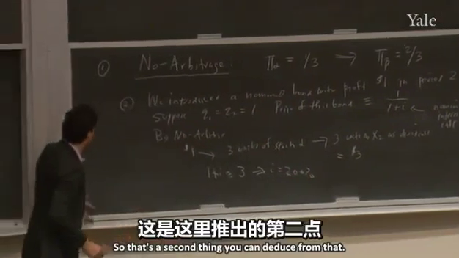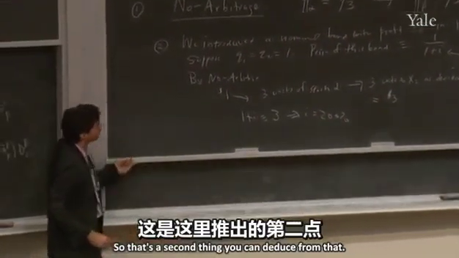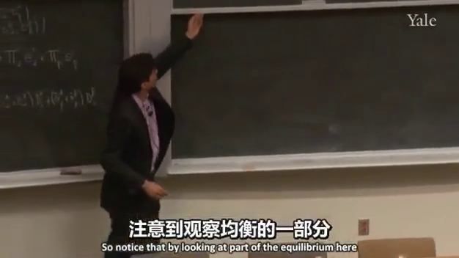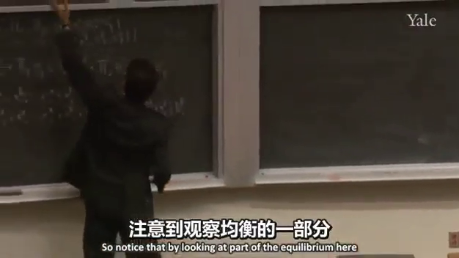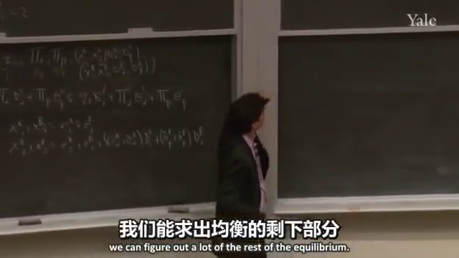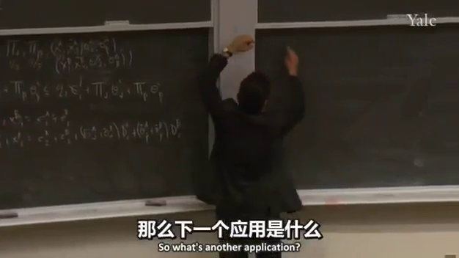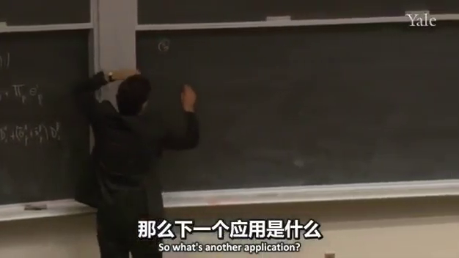Okay, so that's the second thing you could deduce from that. So notice that by looking at part of the equilibrium here, we can figure out a lot of the rest of the equilibrium. So what's another application?